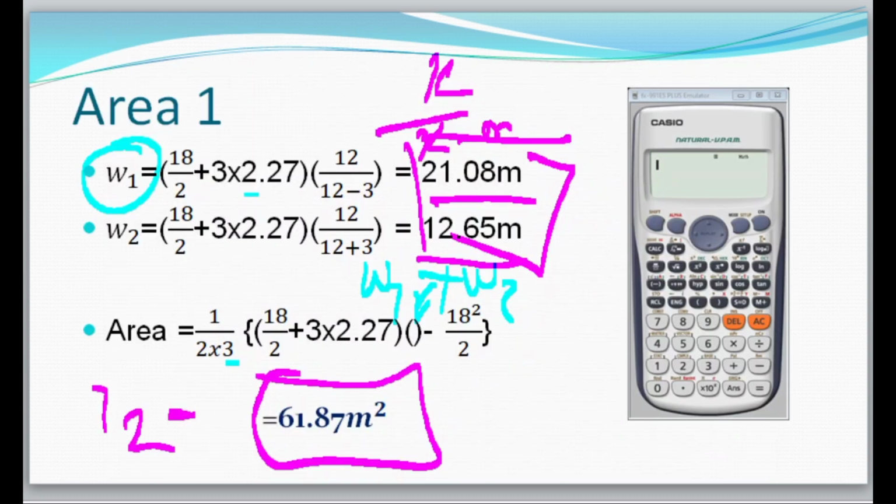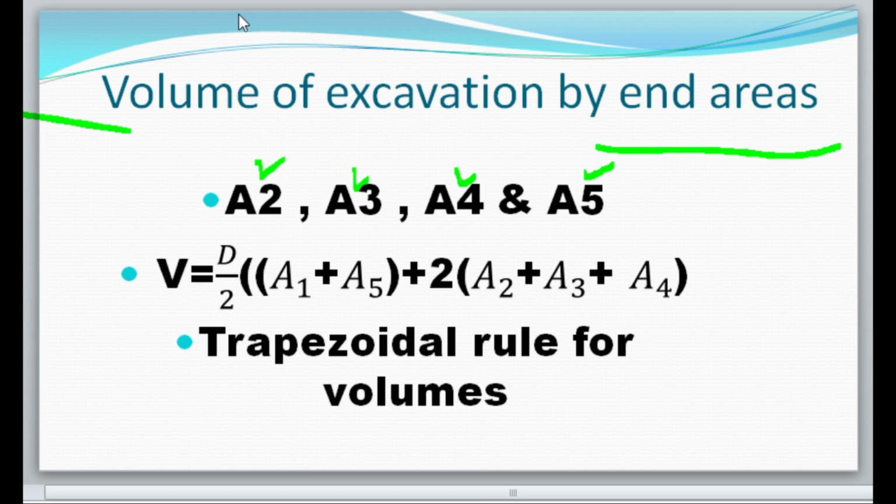That means for the final formula for the end area method we will have to use the simplified formula. So v is equal to area 1 plus area 2 divided by 2 multiplied by d.